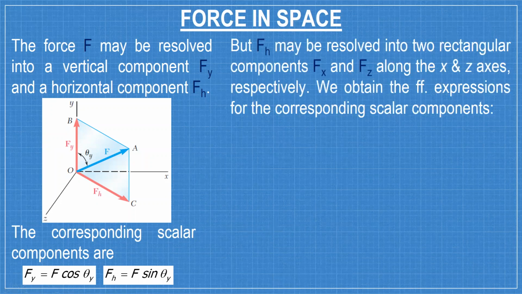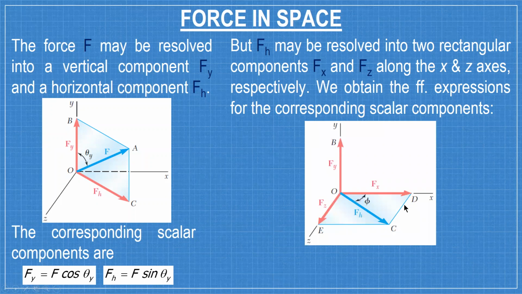But Fh may be resolved into two rectangular components, Fx and Fz, along the x and z axes respectively. We obtain the following expressions for the corresponding scalar components. So this is Fh and phi, and then we have components Fx and Fz.